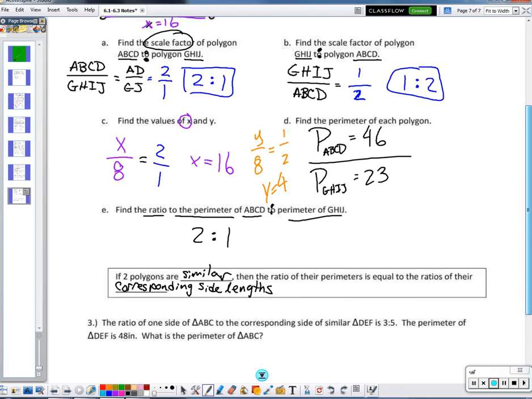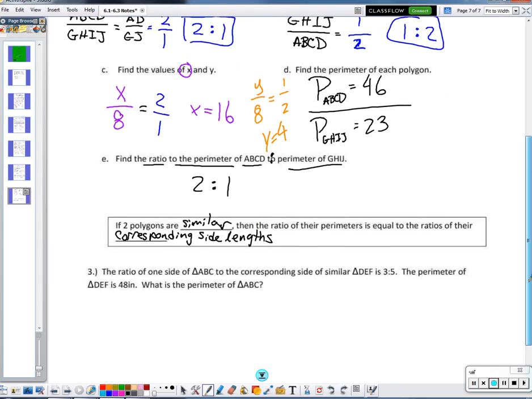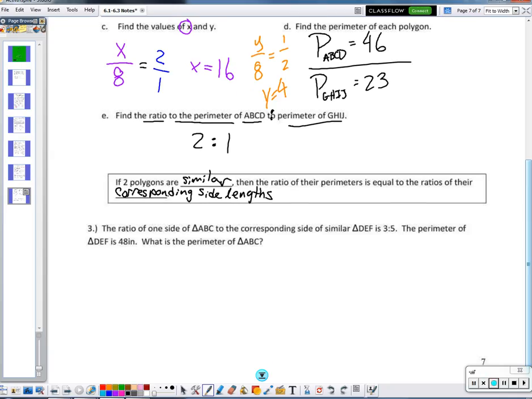If two polygons are similar, then the scale factor of their perimeters has the same ratio as their corresponding side lengths. We have one last question to try. Go ahead and use those perimeters and see if you can find their side lengths.